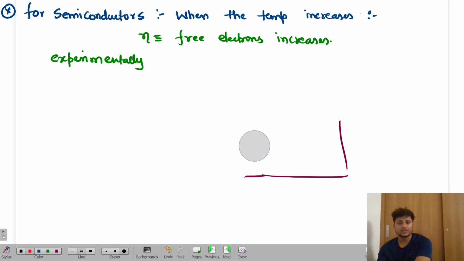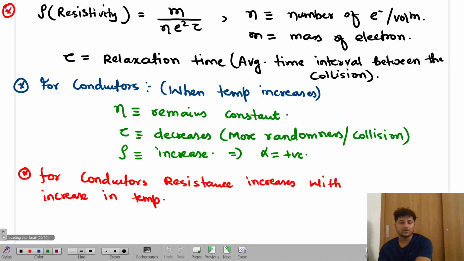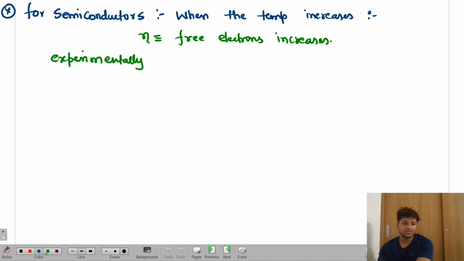So this is what they are trying to say, that initially my relaxation time was 0. Initially my relaxation time was what? 0, because there were no electrons colliding with each other. But now, as free electrons are more, some relaxation time is present. Are you able to get me or not?